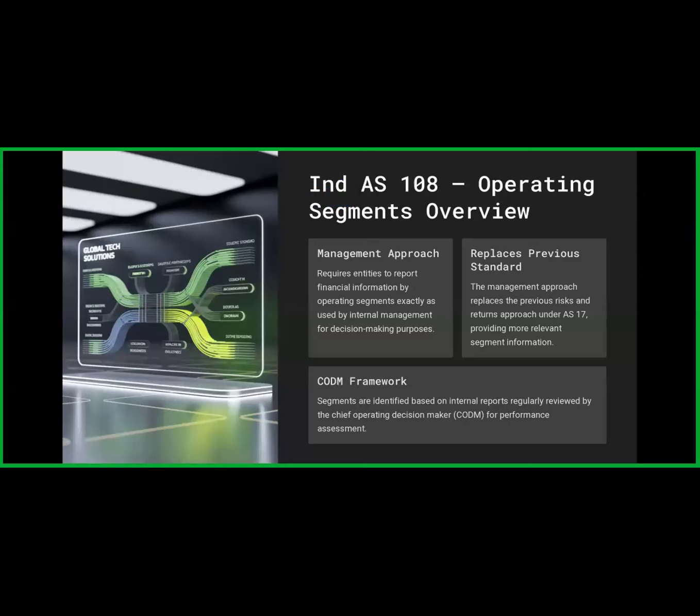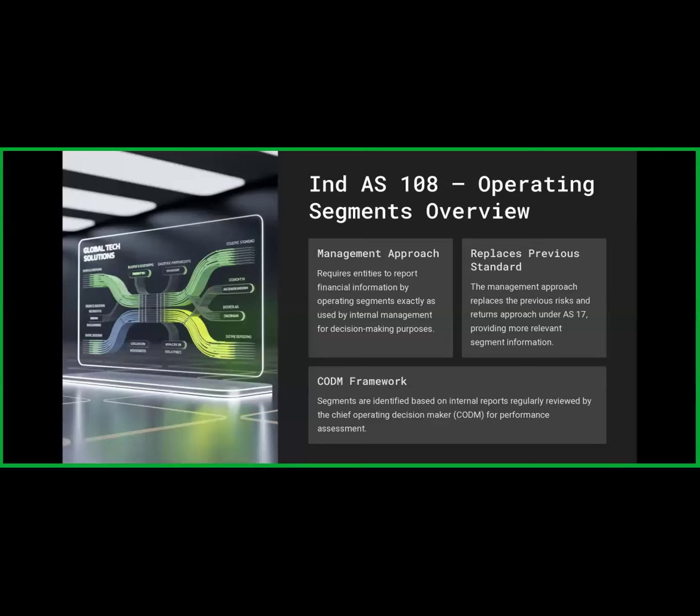This is why, for management purposes, the disclosure of operating segments in the financial statements is a must. This replaced the previous standard, where each segment was not separately disclosed in the financial statements.